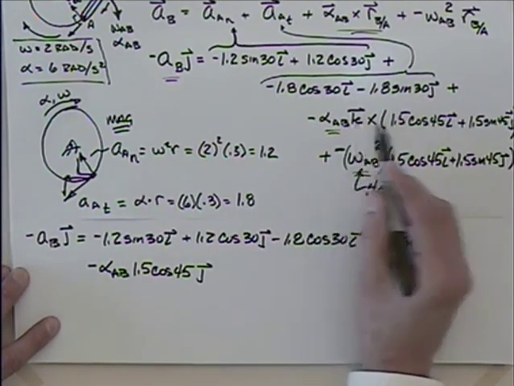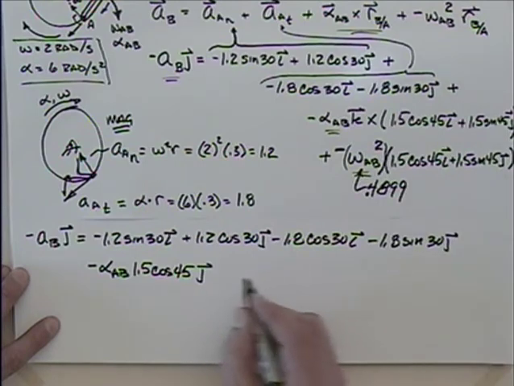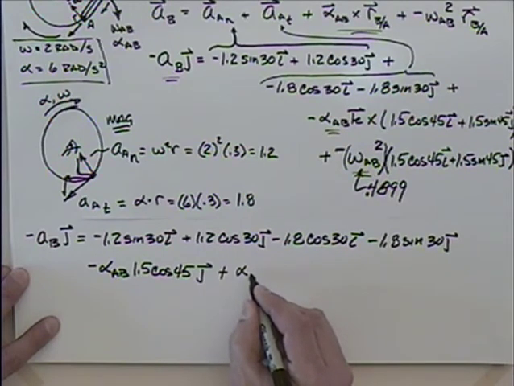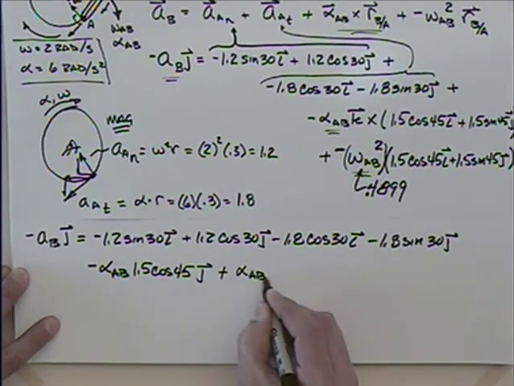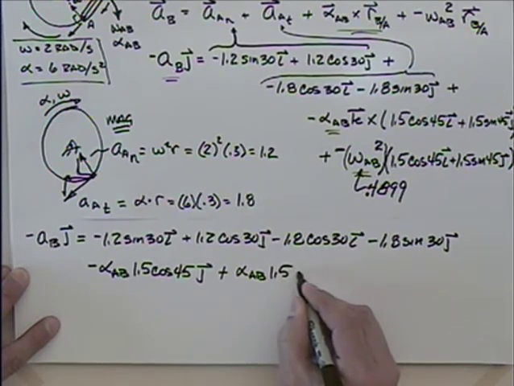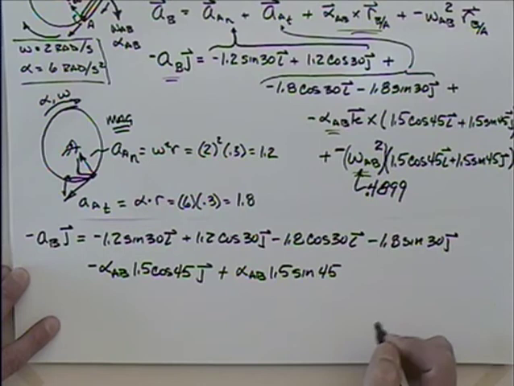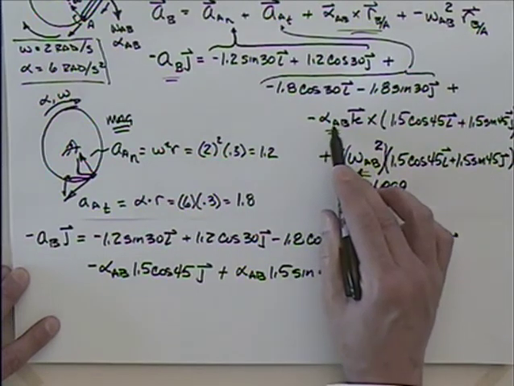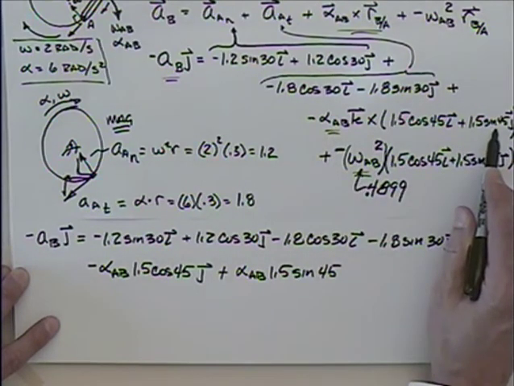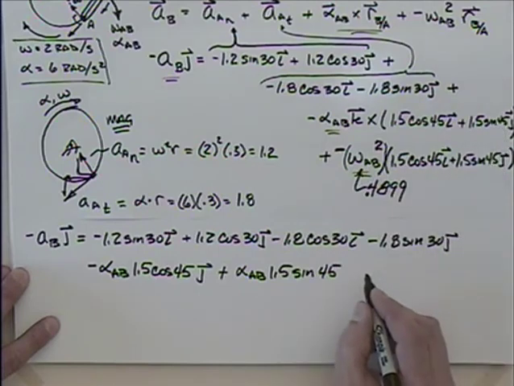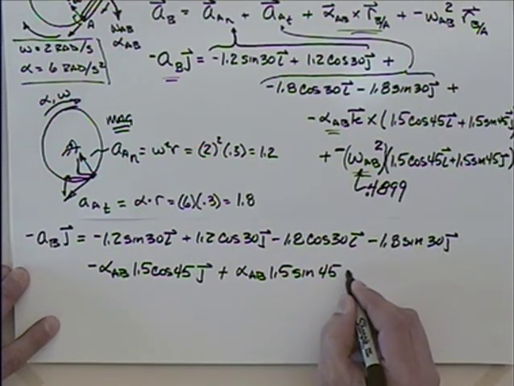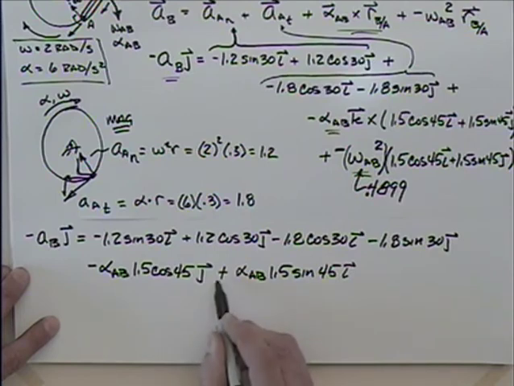Then when I have K crossed with J, I get a negative I, so the negatives go away, and this becomes positive alpha AB times 1.5 times the sine of 45. Alpha AB 1.5 sine of 45, and K crossed with J is a minus I. I took care of the negative because I switched the sign on that.